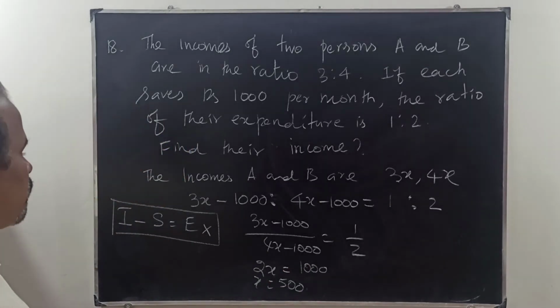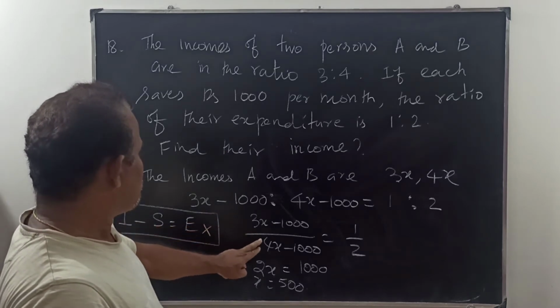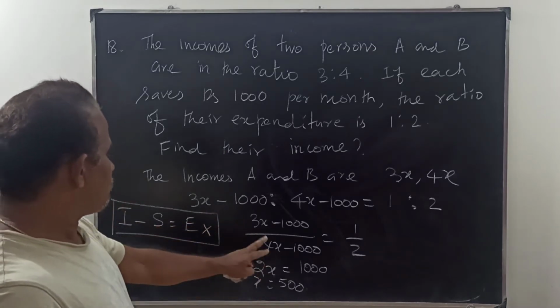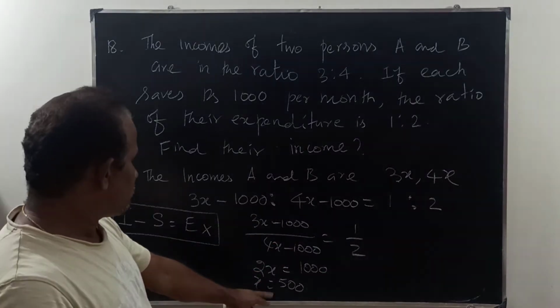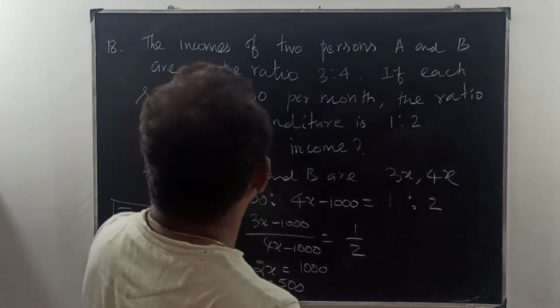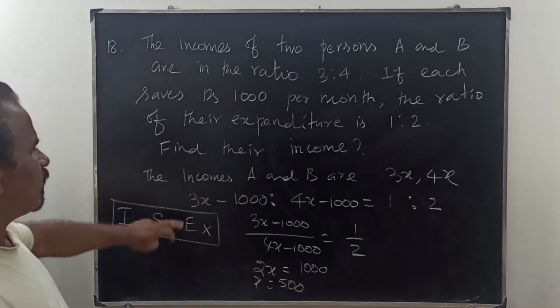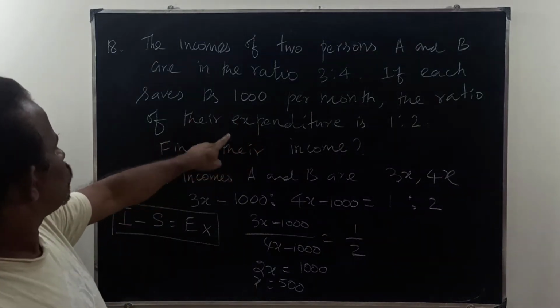Therefore 3x minus 1000 divided by 4x minus 1000 gives 6x minus 4x equal to 2x, so x is equal to 500. The incomes are 3x and 4x, with expenditure ratio 1:2, if each saves rupees 1000.